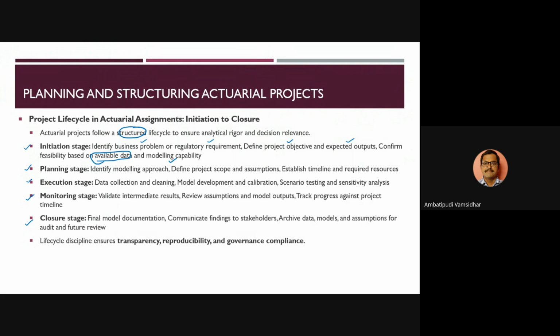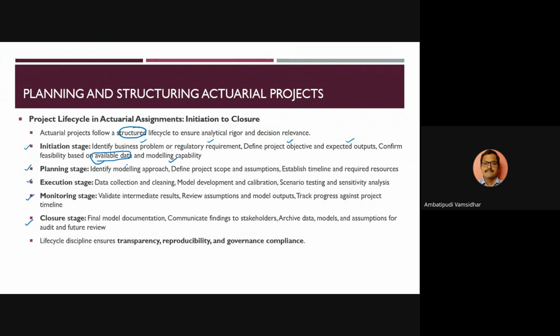So it looks like you are taking up this project, right? And you have identified what data to use, what model to use. You have people who can build the model. So, which means you are ready to move to the next stage, which is the planning phase.